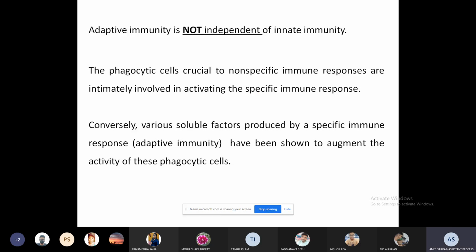But these phagocytic cells, which are crucial to innate immunity, are also involved in activating the specific immune response.